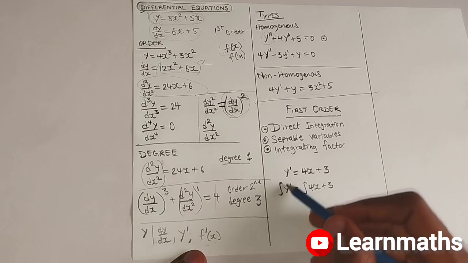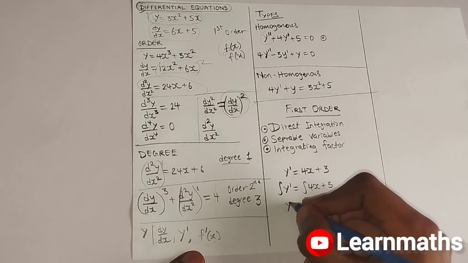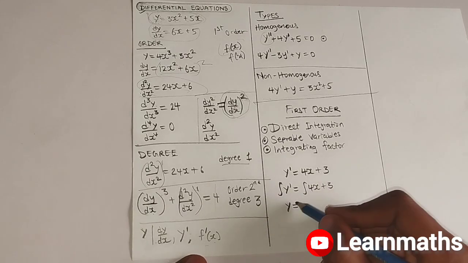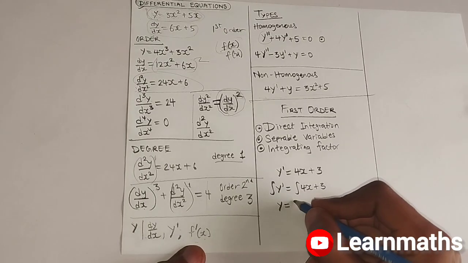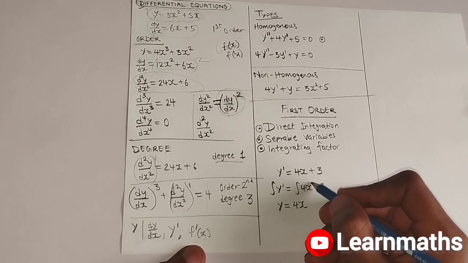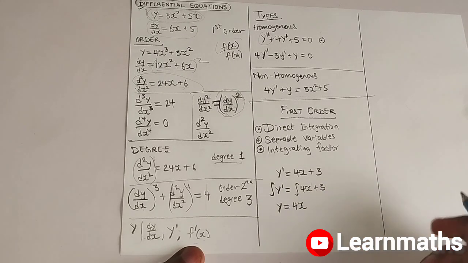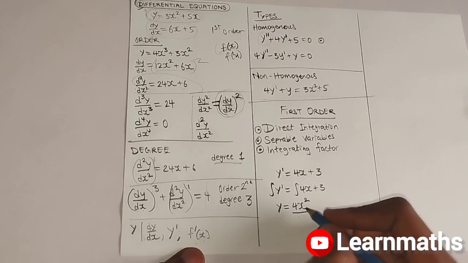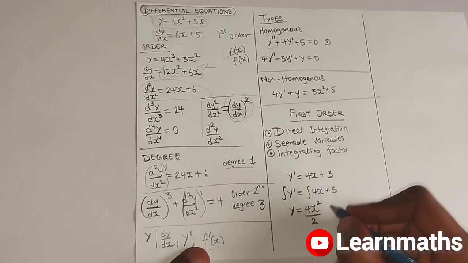So the integral of the differential of y is just going to lead us back to y, right? Now how about the integral of the right hand side? Currently the power of x is 1. We're going to add 1 to that power, it becomes 2, and we divide by 2, right?